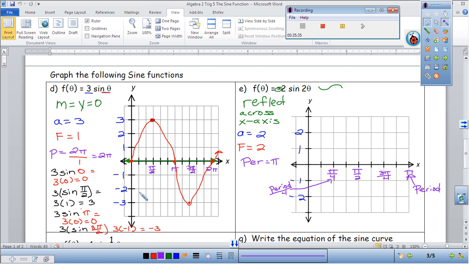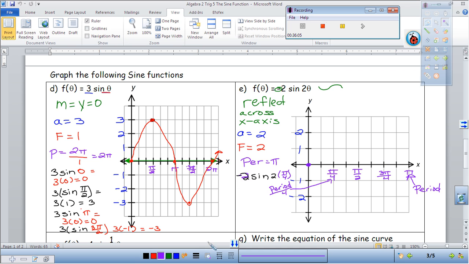Can someone tell me where I should start at? 0, 0, right? Okay, so the next one's going to be pi over 4. So I'm going to do -2 times the sine of 2 times pi over 4. 2 times pi over 4 is just pi over 2.